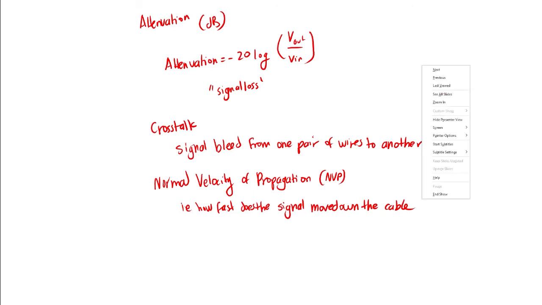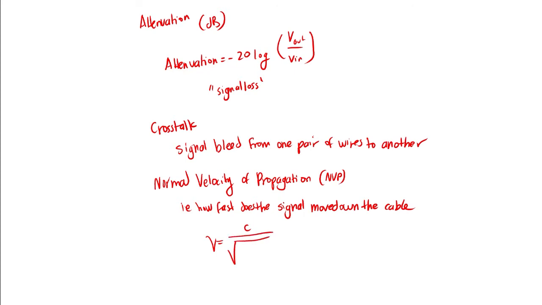And we can calculate this as V equals C over square root of U E. So velocity is equal to the speed of light and U is the permeability and E is the permittivity.